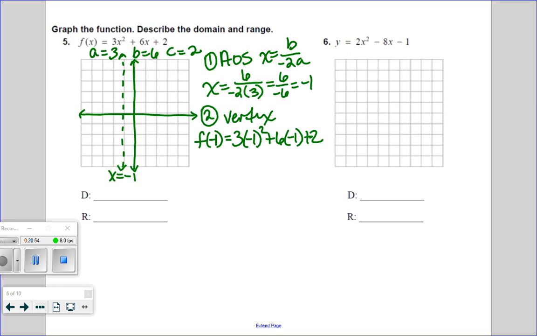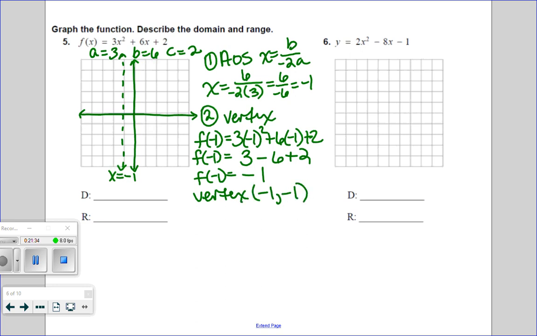I crunch that number either with a calculator or my amazing brain. -1 squared is still just 1. 1 times 3 is 3. -1 times 6 is -6. And then we have that +2. 3 minus 6 is -3, and -3 plus 2 is -1. So it turns out that my output is also -1.